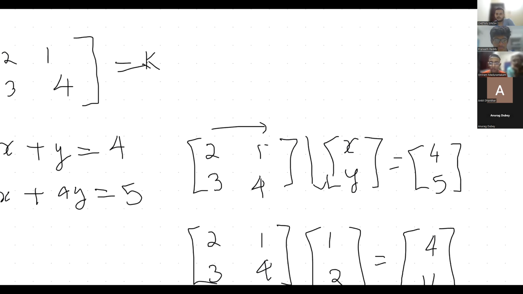Even if you can't unmute yourself, you can type a message in the chat box if you have not understood why we consider matrix as a function, or if you have understood, you can put that in chat as well.